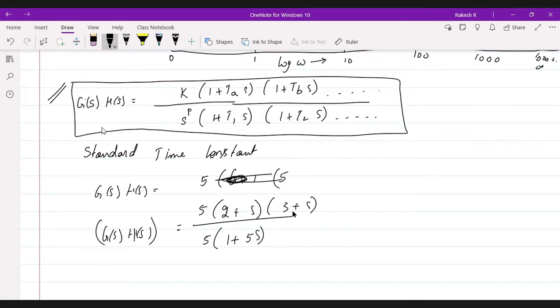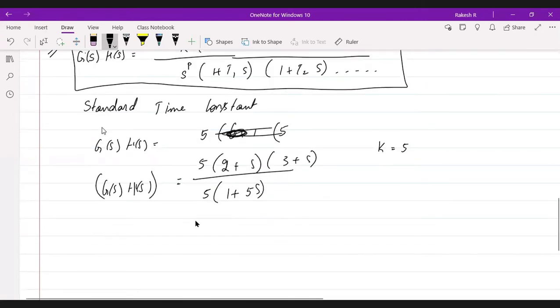Now when you compare, what is the value of k? K is 5 here. When you compare 2 plus s with 1 plus tas, we cannot compare these directly. So you need to standardize this.